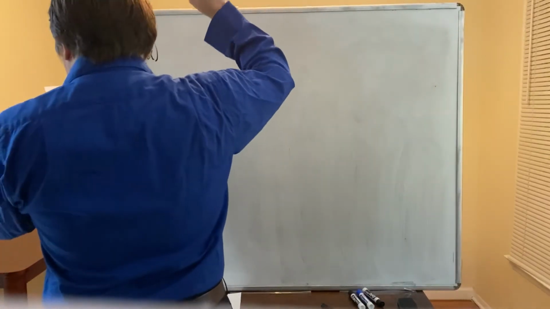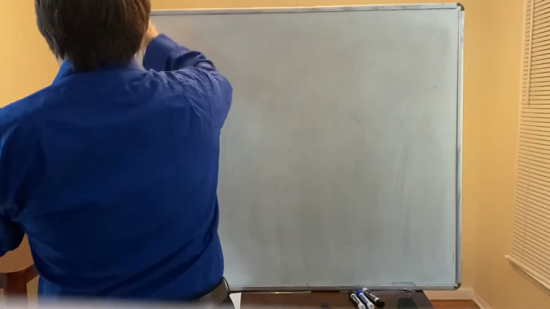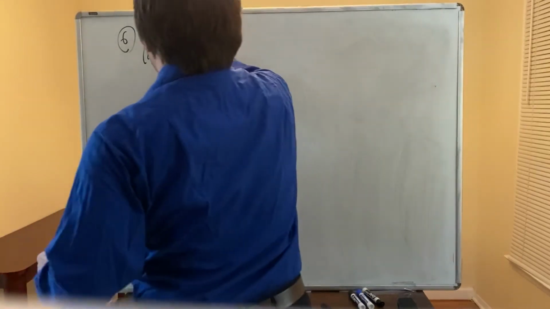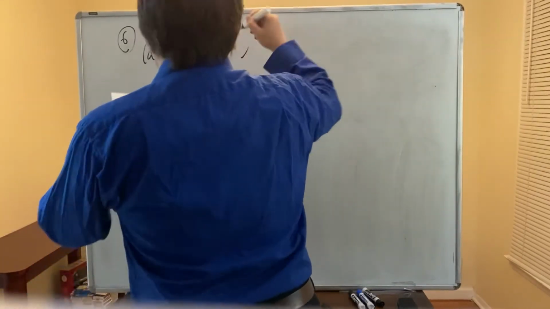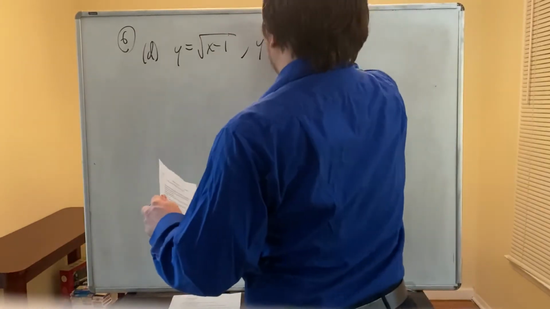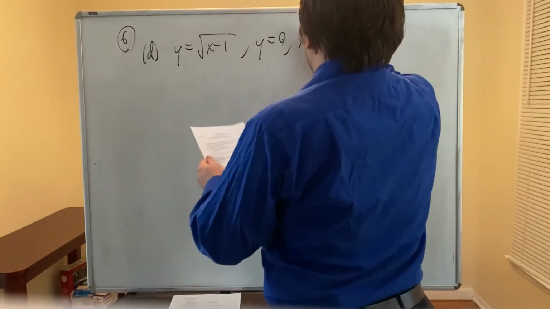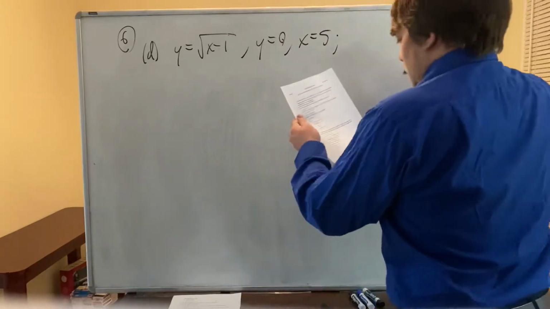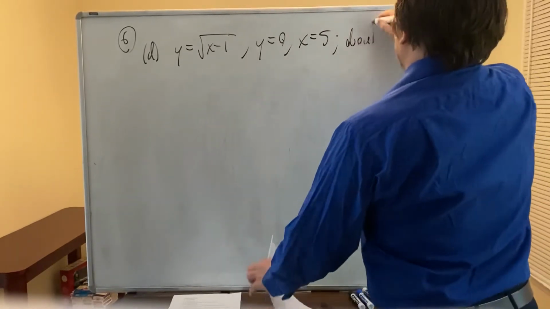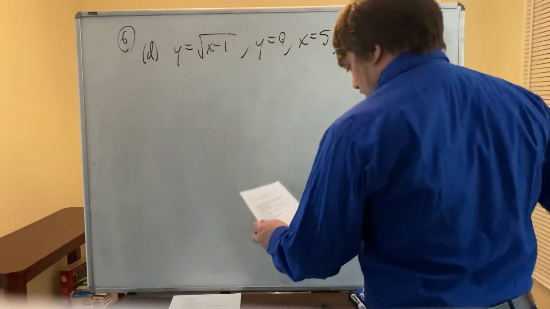Okay, so now this is 6d. We're still on number 6, 6d: y equals the square root of x minus 1, y equals 0, x equals 5, about y equals 3.